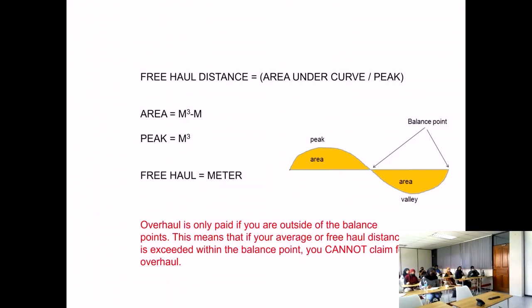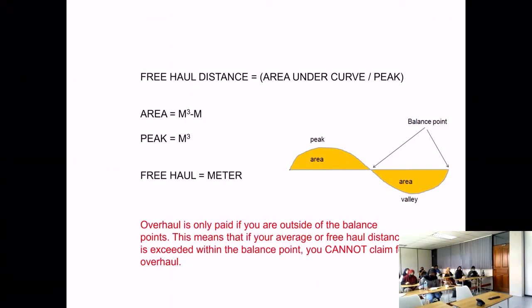The peak, up or down to the valley, is in meter cube. So freehaul distance is this area divided by the peak. Say the area is 100 meter cube meter. The peak is 20 meter cube.